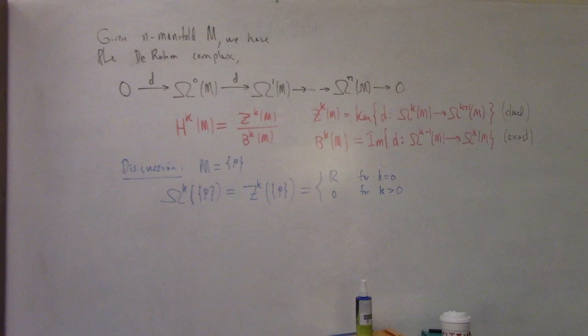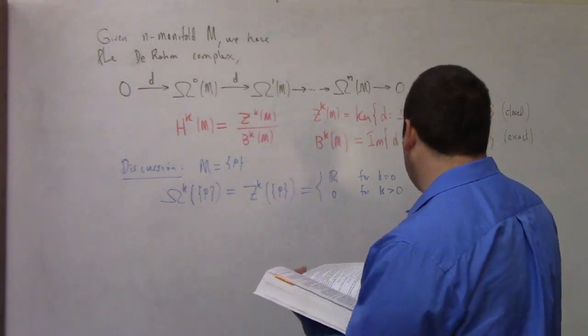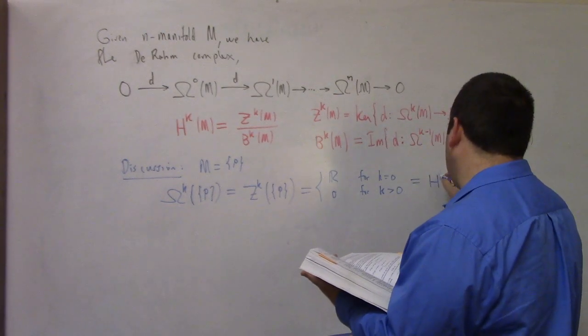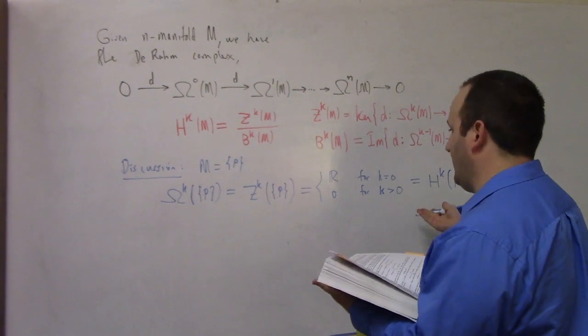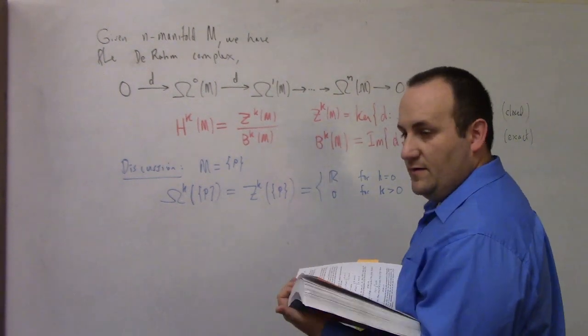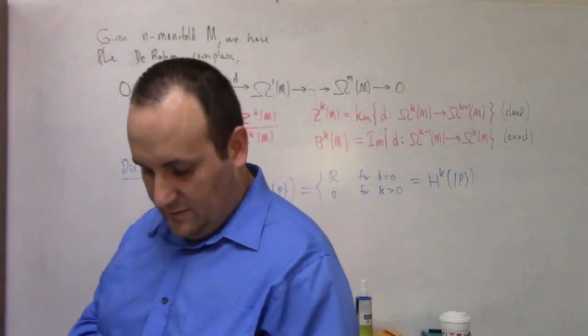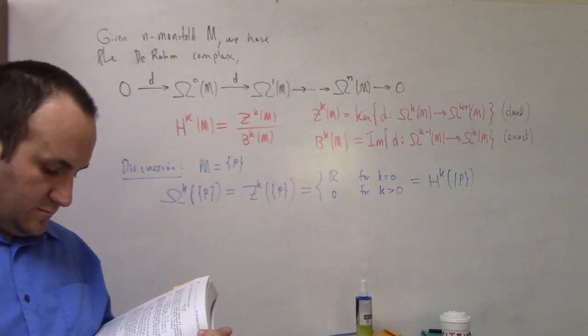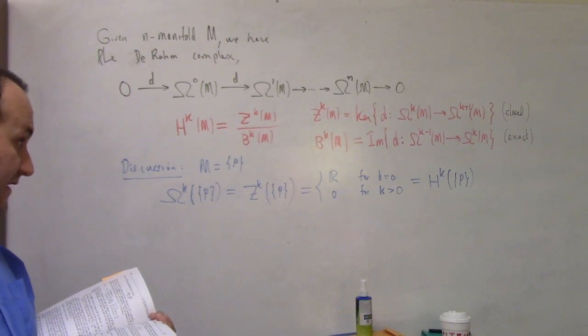And how about the boundaries? Well, the boundaries are all 0, right? In other words, in short, this is H^k of the point, because the boundaries are trivial. So the cohomology is just the reals for k equals 0 and it's 0 otherwise. Alright. Next case.